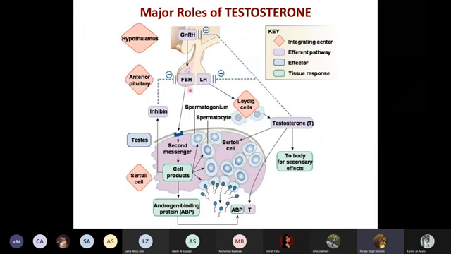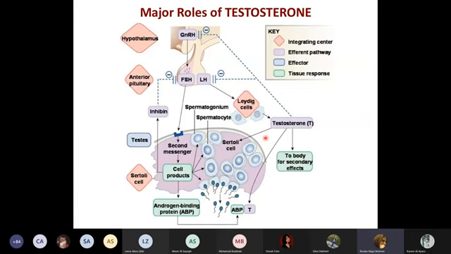So this acts as hormonal control, as well as the testicular axis. So it will act as an intermediate to let these two axes communicate, the hypophyseal axis and the testicular axis.